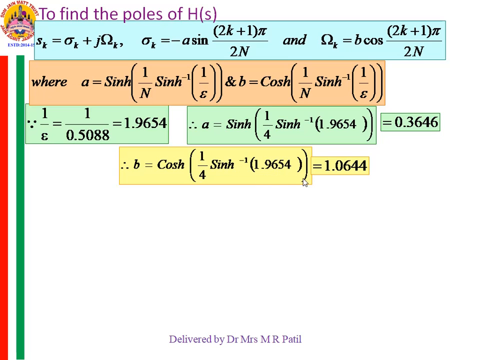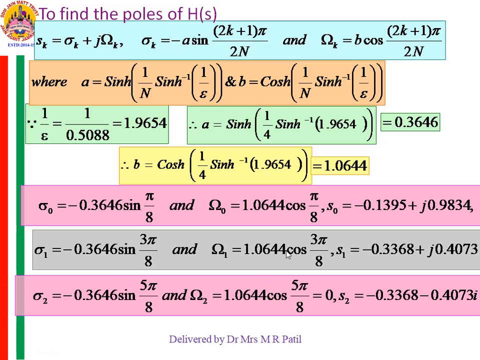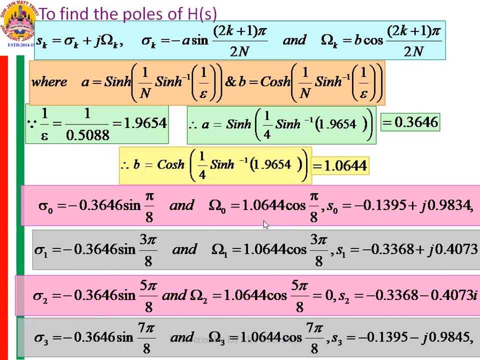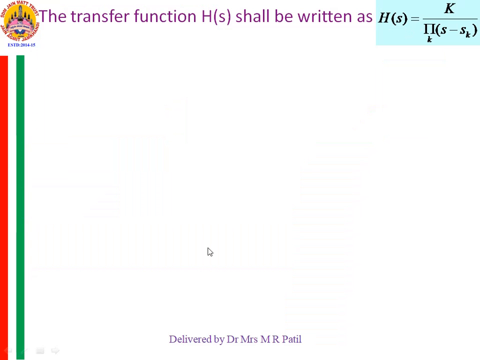So how much do you get for a and b with n equal to 3? Compute that and continue with sigma 0, sigma 1 and sigma 2. Sigma 1 will be a real pole location, which is equal to a's value, and sigma 0 and sigma 2 are conjugate pairs.